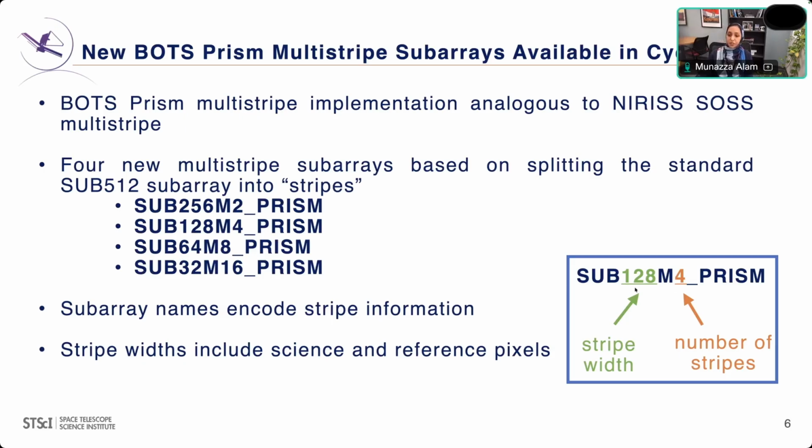So for example, for the SUB128 M4 Prism multi-stripe subarray, 128 is the width of the stripe in pixels, and there are 4 stripes in this subarray in order to step through the SUB512 subarray footprint. And the widths of these stripes in particular include both science and reference pixels. I'll get into this shortly, why this matters and what this means for the subarrays.